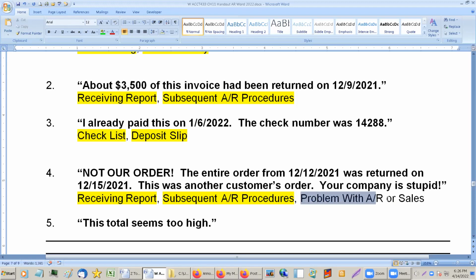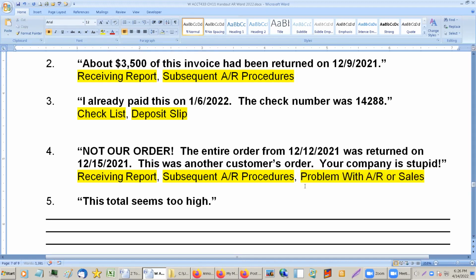This might highlight a bigger problem that they have of possibly somehow mixing up customers, and what the procedures are for updating the customers and verifying the purchase orders and all that. Without looking into it, you don't know. It could be that there are 2 customers that have very similar names or something like that.